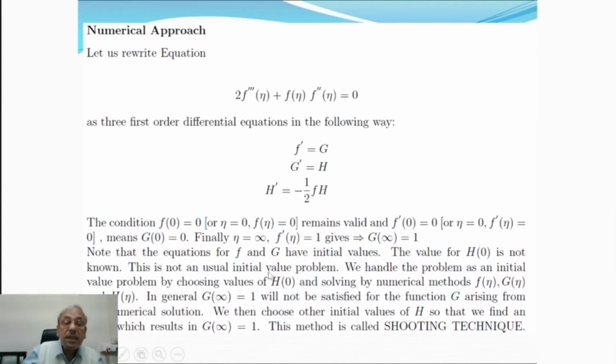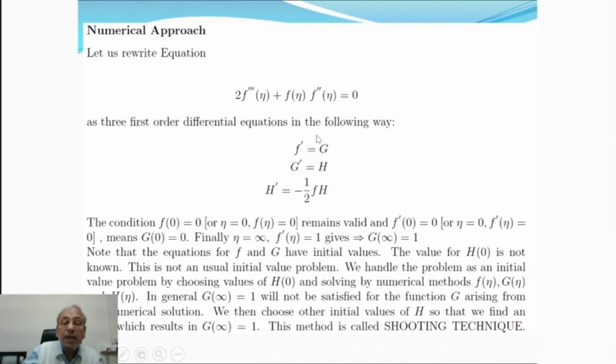But since we have chosen this value, can we choose any value and get a solution? It's not like that. The value that we choose to solve this equation, that means h naught, should lead to a situation so that g infinity has to be 1, because at eta equal to infinity, f prime is 1. So g infinity is 1, that is known.